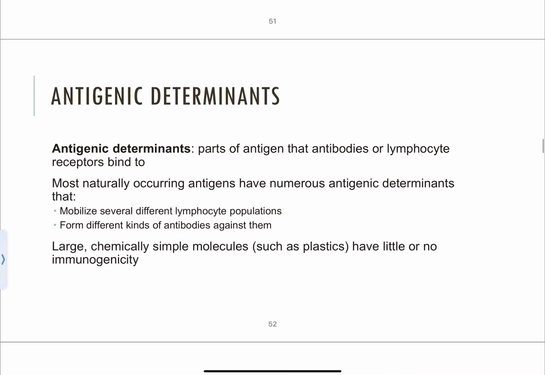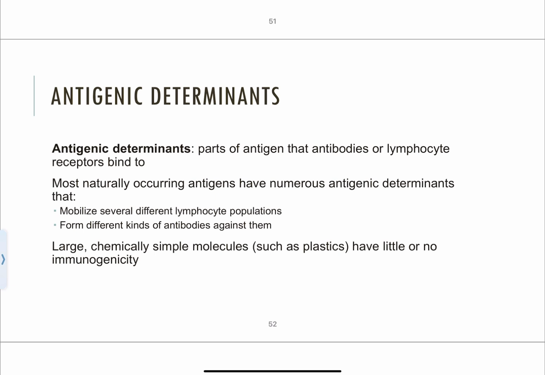So, antigenic determinants. Only certain parts of the antigen, which we call antigenic determinants, are immunogenic, meaning they cause an immune response. Our antibodies or the lymphocyte receptors bind to these determinants, kind of in the same way that an enzyme binds to a substrate. It's a very specific type of binding.